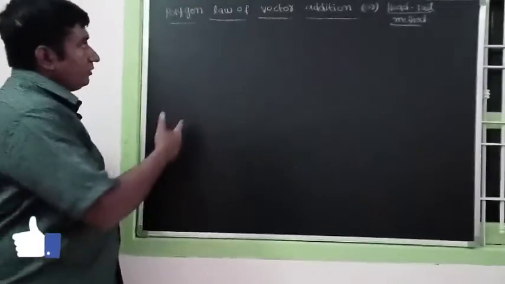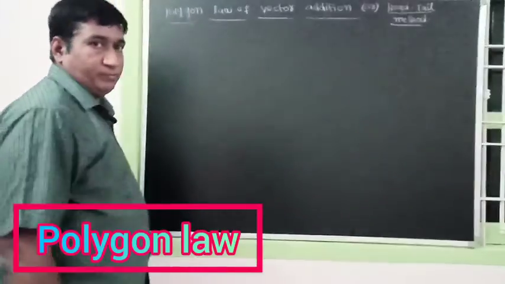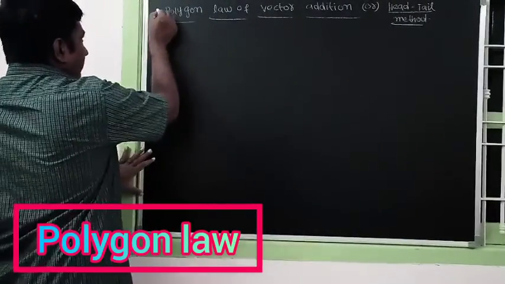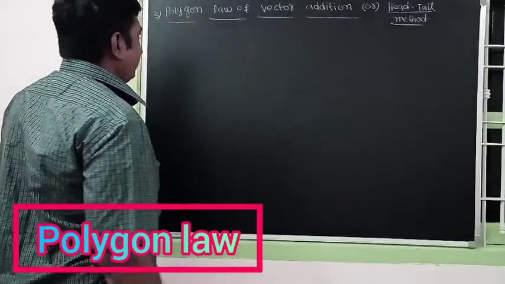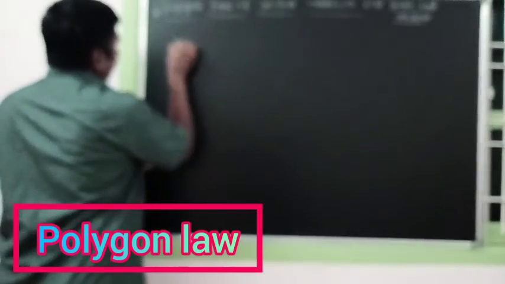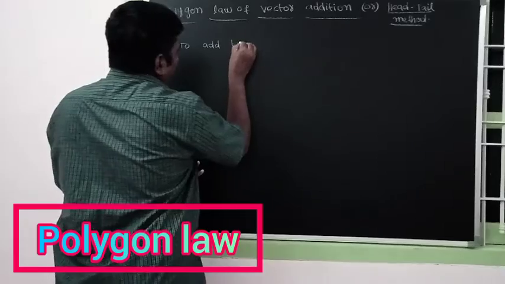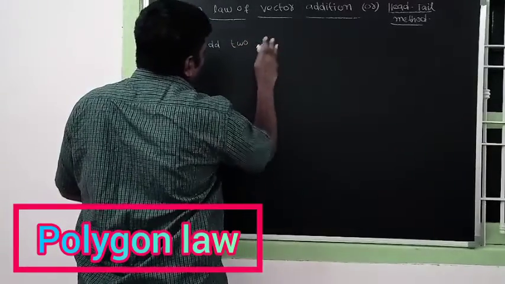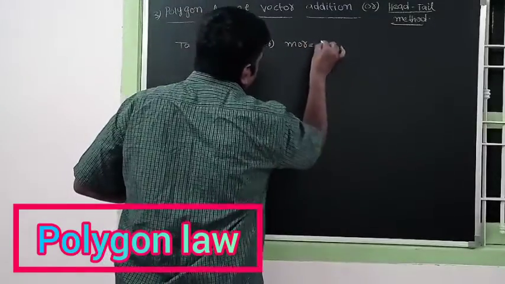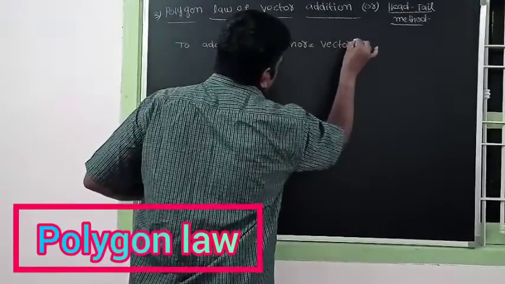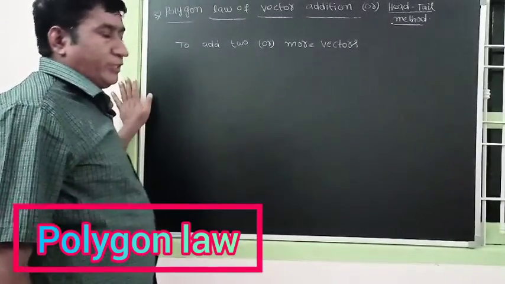Okay, next one is the polygon law of vector addition, or we can call it the head-tail method. This is a third case which we use in vector additions. To add two or more vectors, we use this polygon law of vectors.